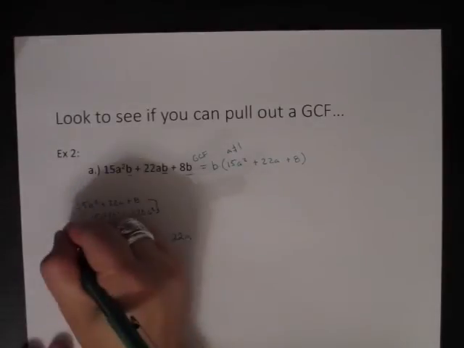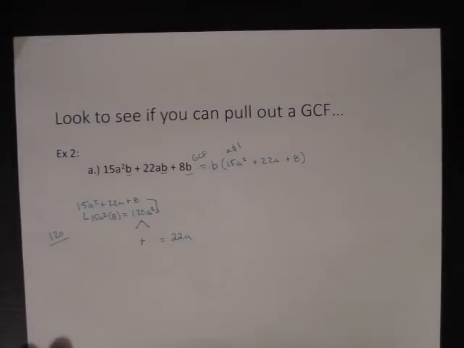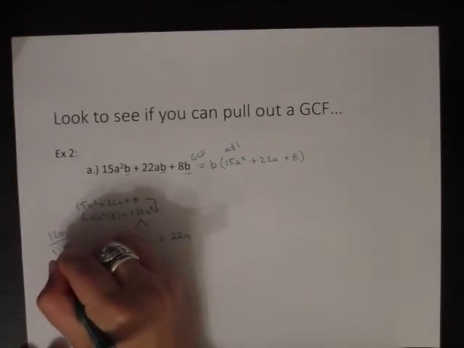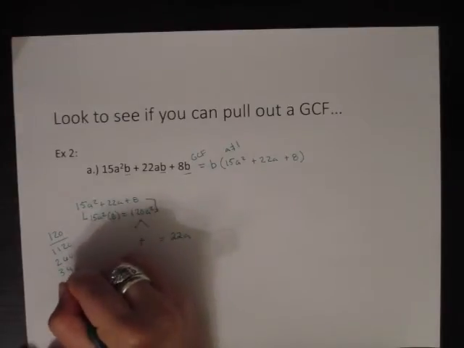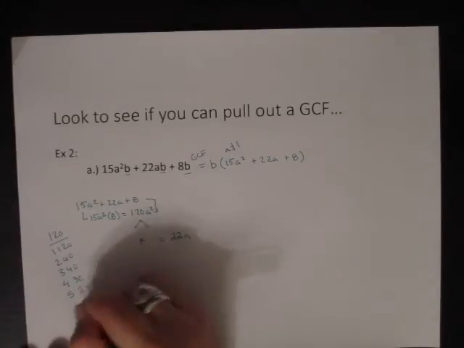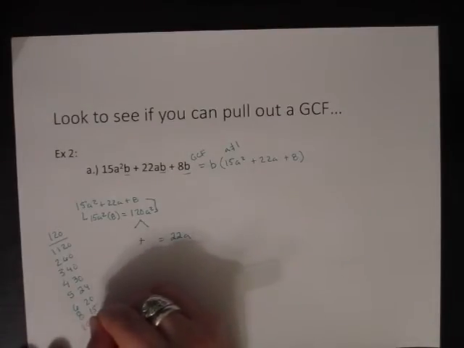Okay, so now I've got to find my factors of 120. There are a lot of them: 1 and 120, 2 and 60, 3 and 40, 4 and 30, 5 and 24, 6 and 20, 8 and 15, and the last one is going to be 10 and 12.